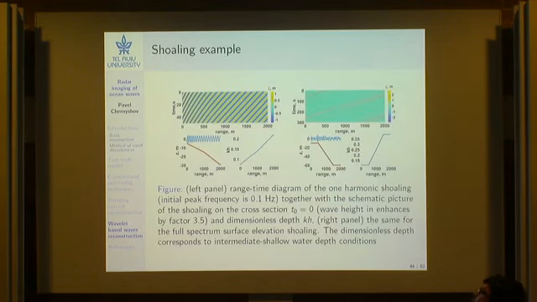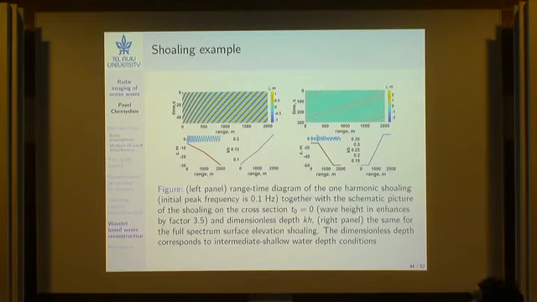Yeah, here are the results. Maybe you're more interested to see this. This is a time-range diagram of one harmonic shoaling, and here is the spectrum of the shoaling. You see here is the bathymetry, and here is the cross section. You see what's going on actually. In the linear shoaling, we have a shortening of waves and the growth of amplitude.